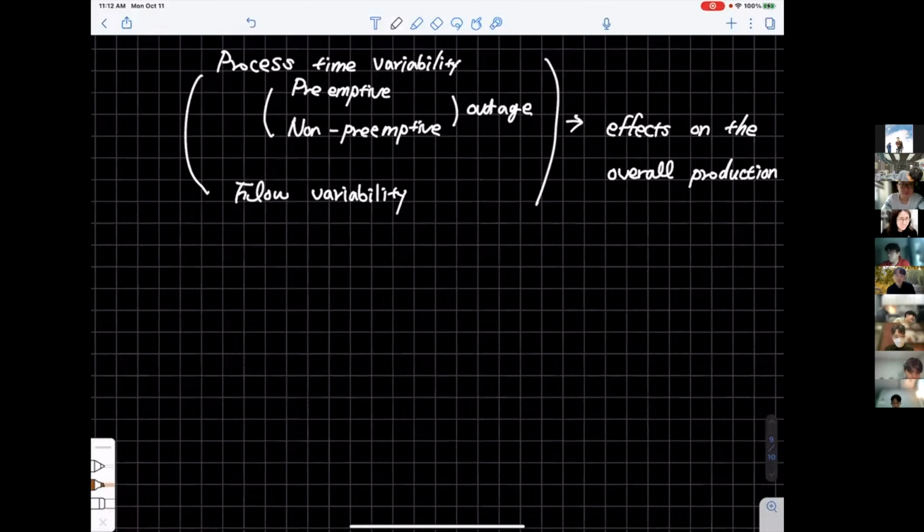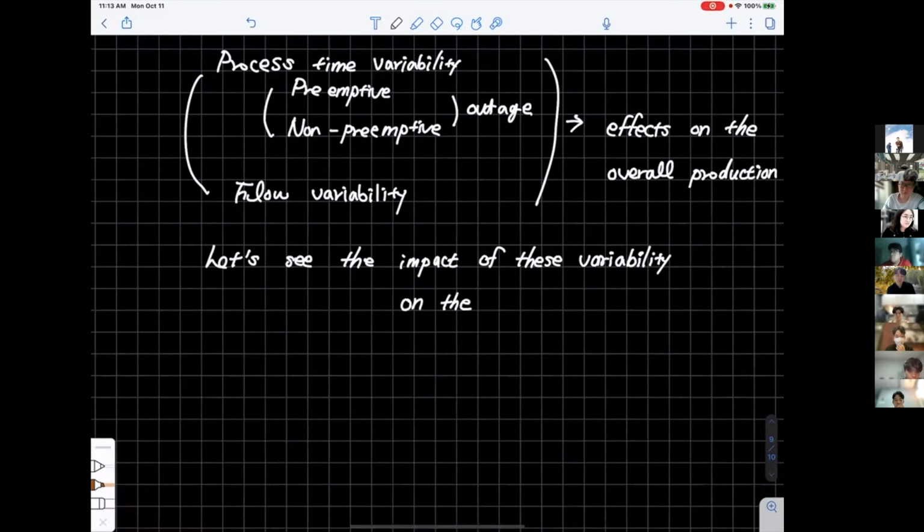From now on, let's see the impact of variability on the main performance indices.